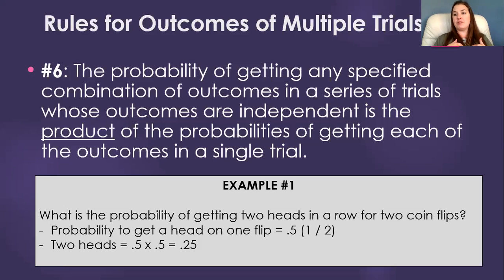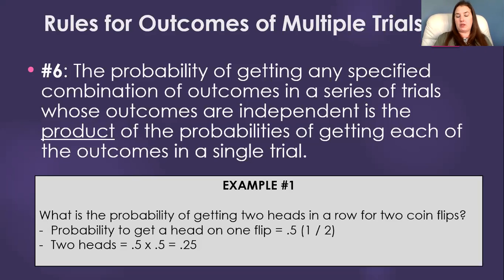I've just found with students in the past, it's helpful to have some type of number associated with each rule. So don't go on to 302 with a different professor besides me and tell them, oh, well, rule number 6 of probability says blank. They won't know that that's rule number 6, right? That's not a real thing. Just for our purposes of learning, I found numbering them to be really helpful.